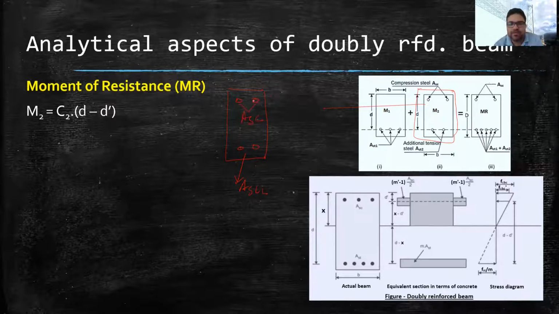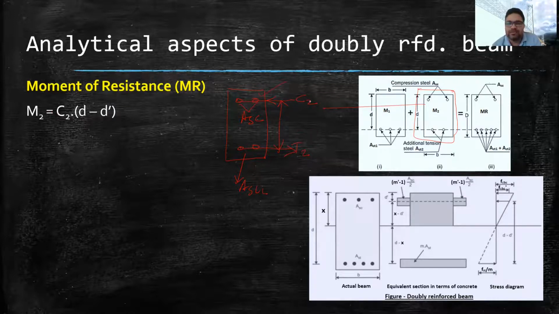Now this ASC will experience some force which we are calling C2, and this AST2 will also experience some force which we are calling T2. So this is the compressive force and this is the tension force. Both of these forces will be equal and there will be a distance between them. So this becomes unlike parallel forces and they are creating a couple. The magnitude of the couple will be the moment of resistance of this M2 model.